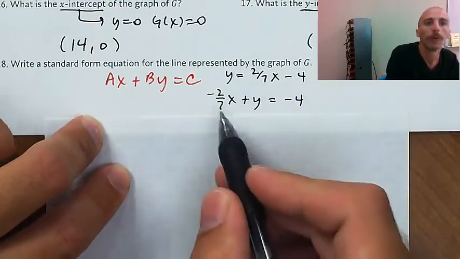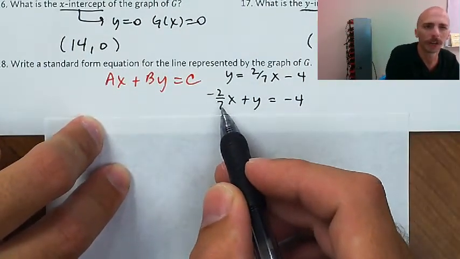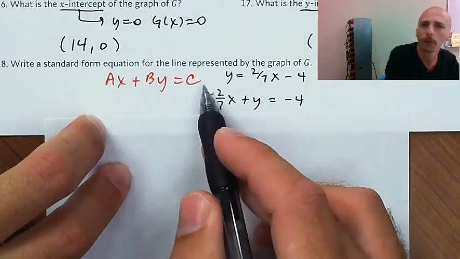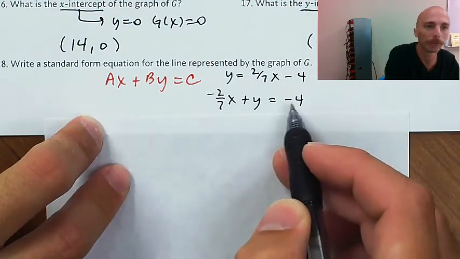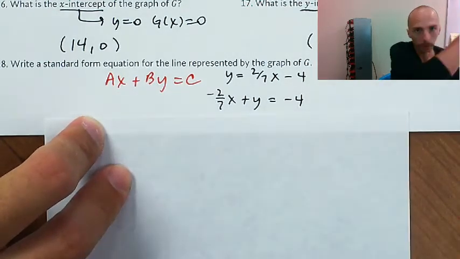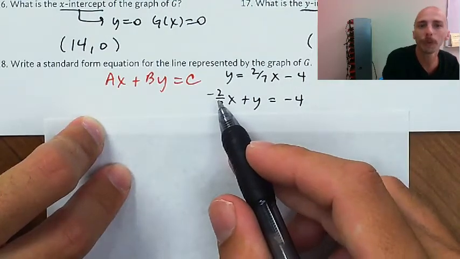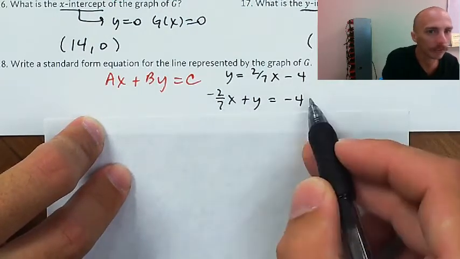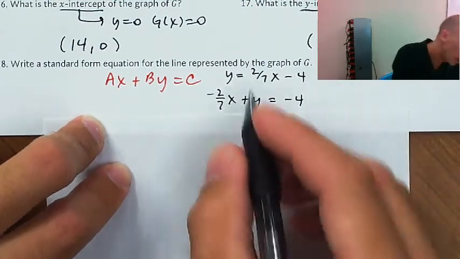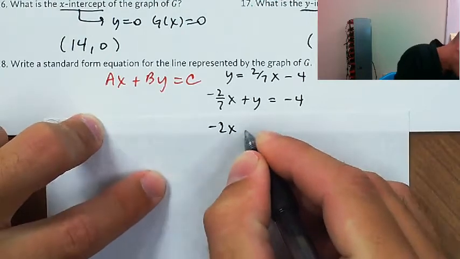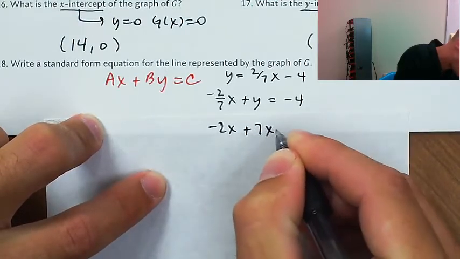And we need to get rid of this divided by 7, right? I don't like the way that looks. I want these to be whole numbers. So I'm going to multiply both sides of this equation by 7. But I have to remember that when I do that, I have to multiply everything by 7, not just this thing and that thing, but also the y. So I'm going to have negative 2x plus 7y.